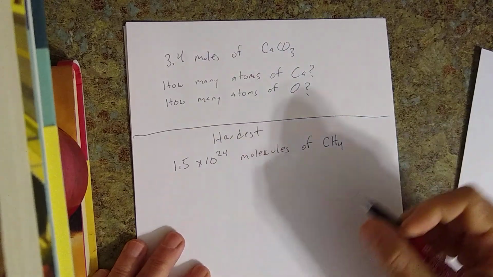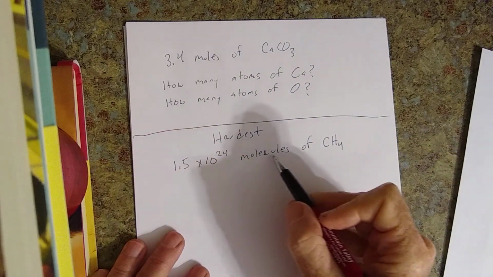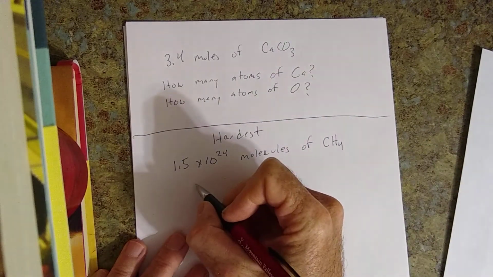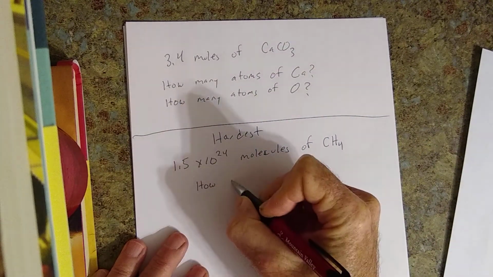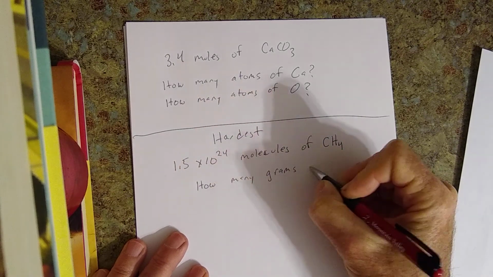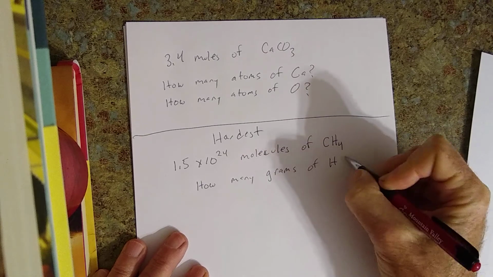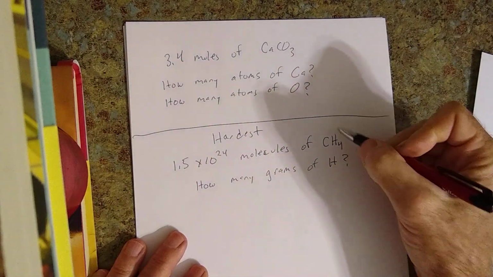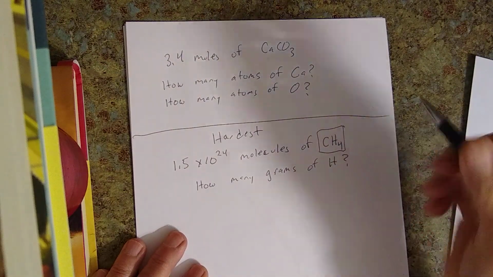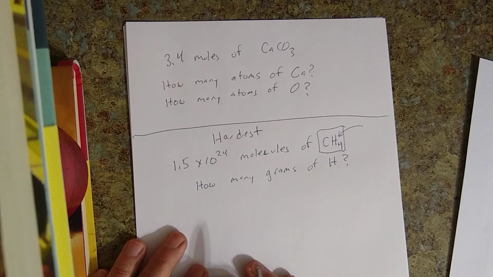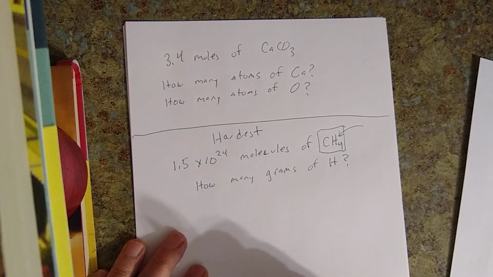All right. 1.5 times 10 to the 24th molecules of methane. Okay. How many grams of hydrogen do you have? So I'm not asking you how much this whole thing weighs. I'm asking you only how much the hydrogen would weigh. Now there's 2 ways we could do this.